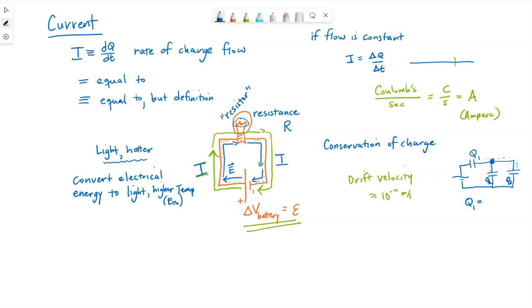So the charges that were moving, some of them ended up going to this middle capacitor and some went to the final far right capacitor.